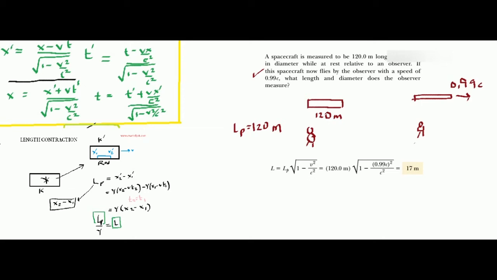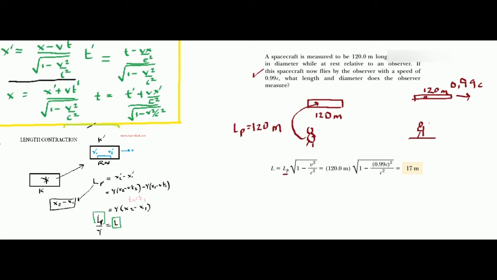So consider the person who initially measured the length of the spacecraft as 120 meters. Say he gets into the spacecraft and drives it. This person will always measure the length of the spacecraft as 120 meters. So the proper length is 120 meters.